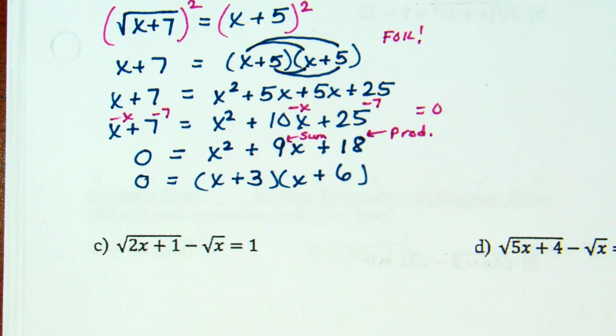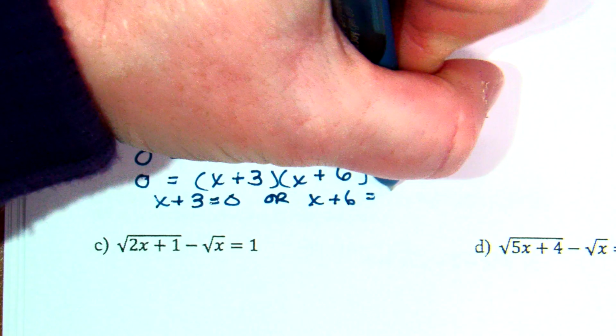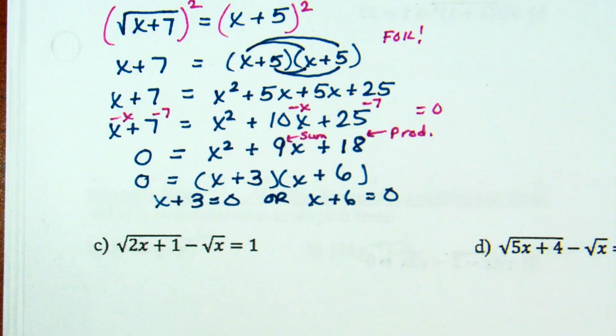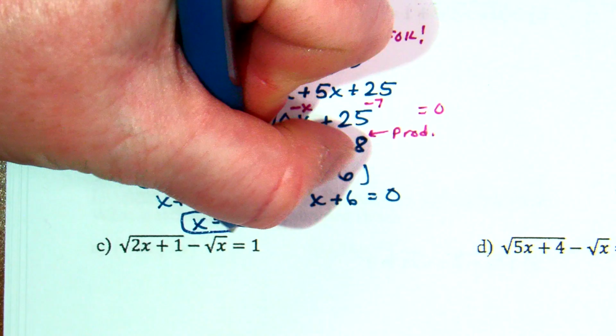If it's x plus 3, subtract 3, and I get a possible answer of -3. If it's x plus 6, subtract 6, and I get a possible answer of -6.